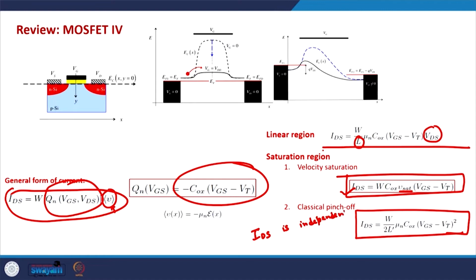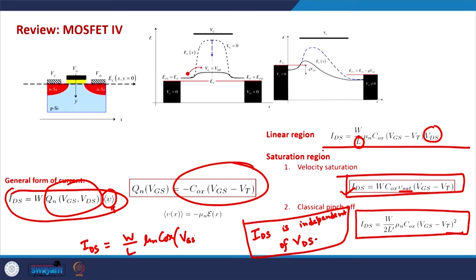In our previous discussions we also derived the general current, which looks like this: mu n Cox W by L, times (VGS minus VT) times VDS minus VDS square by 2.